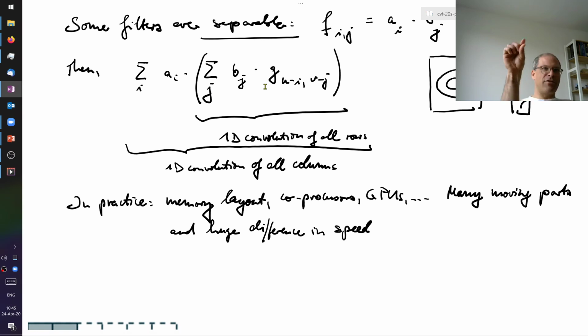So is your image stored row-wise or column-wise? Because if you jump around in your memory access, this is what's very, very expensive on modern architectures. So there are many considerations here, and people have found very, very efficient implementations. I would say, you know, it's impossible to beat any of these specialized implementations by the large companies.